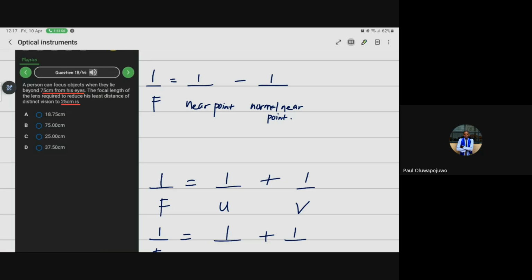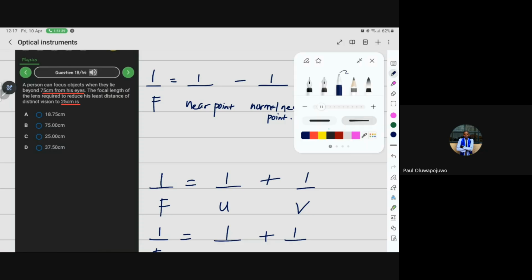So for both of them, they use a negative sign, isn't it? So I think the reason why the U is negative is because it's the normal... See what will happen here? To solve this problem of sign, use this formula.